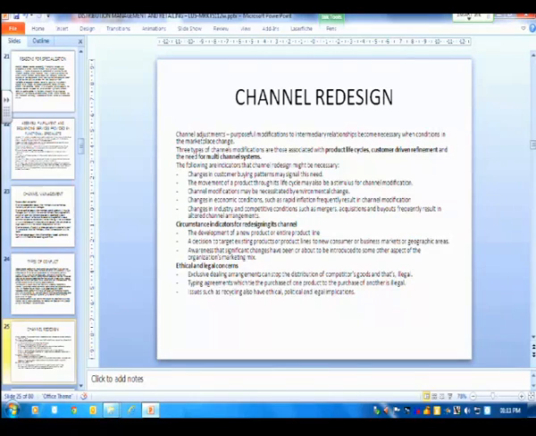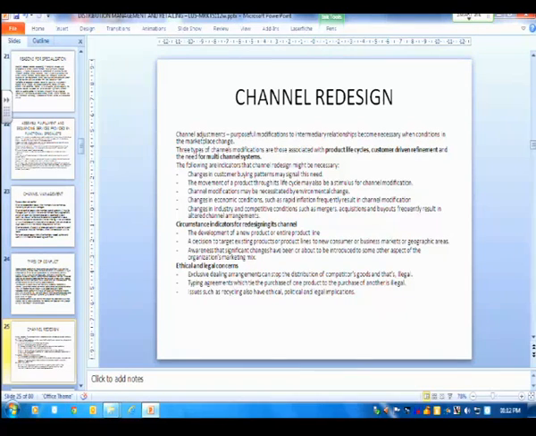When there are a lot of changes within the environment, that necessitates channel modification. Fourthly, changes in the economic condition, such as rapid inflation, frequently result in channel modification. And then lastly, changes in industry and competitive conditions, such as mergers, acquisitions, and buyouts, frequently result in altered channel arrangements.